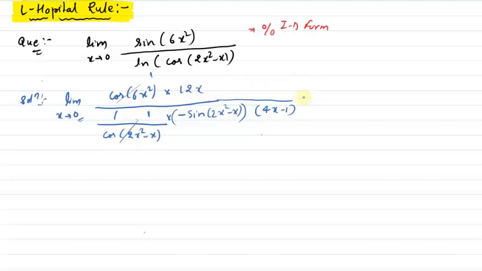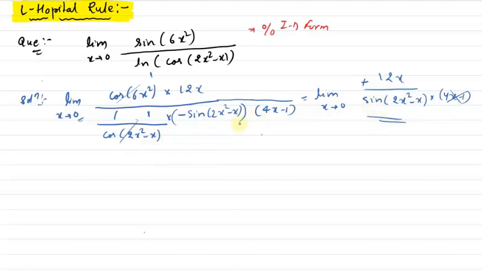So we can rewrite this as limit x tending to 0 of 12x divided by minus sine of 2x square minus x, and lastly into 4x minus 1. For 4x minus 1, if we substitute x as 0, we get minus 1. This minus will cancel that minus, so we are now left with this only.